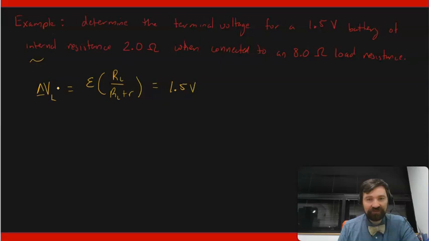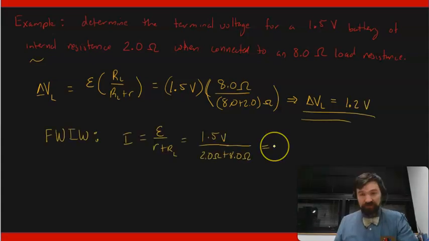That's 1.5 volts times 8 ohms divided by 8 plus 2 ohms. 8 plus 2 is 10. That 1.5 over 10 is 0.15 times 8 is 1.2. So my terminal voltage here is 1.2 volts. For what it's worth, the current is going to be 1.5 volts over 10 ohms, or 0.15 amps.